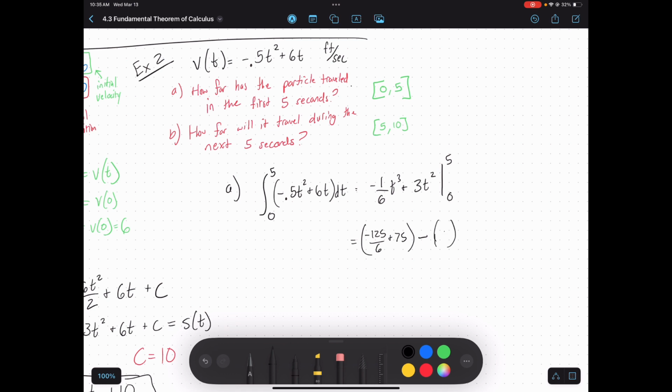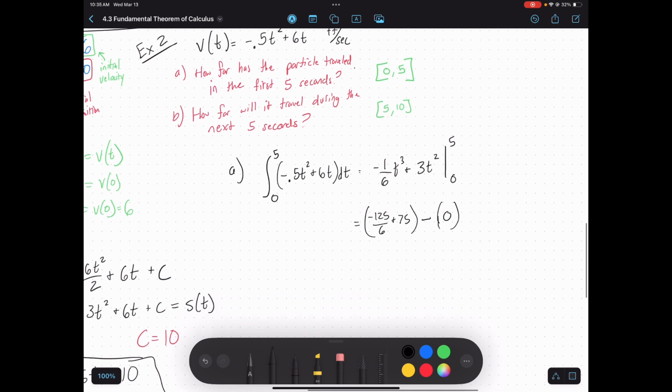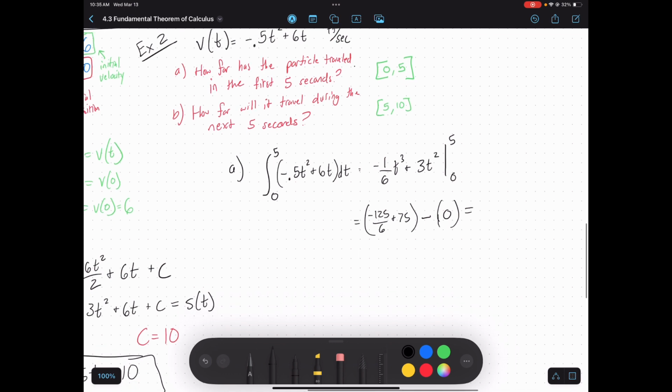I get 0 plus 0. I just get 0. Once again, because I don't have to stress about the arbitrary constant. That simplifies to about 54.167. It's traveled 54.167 feet.